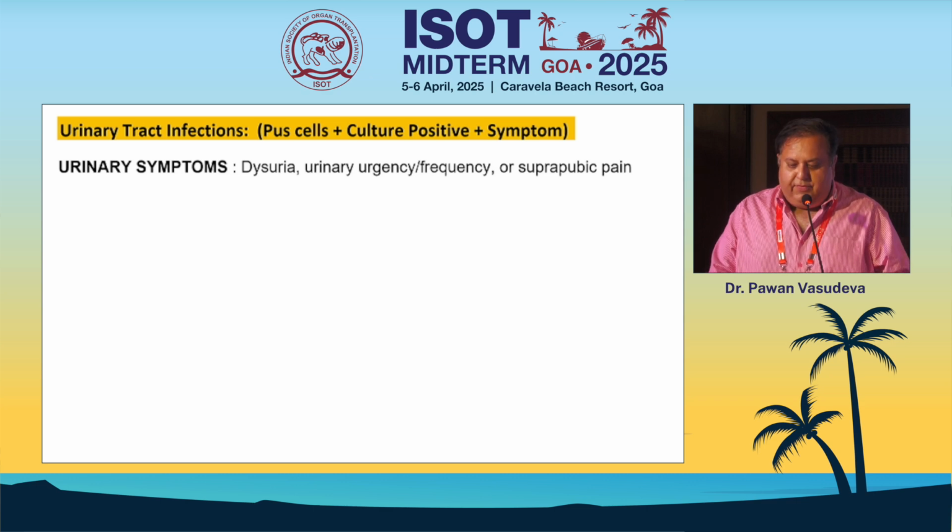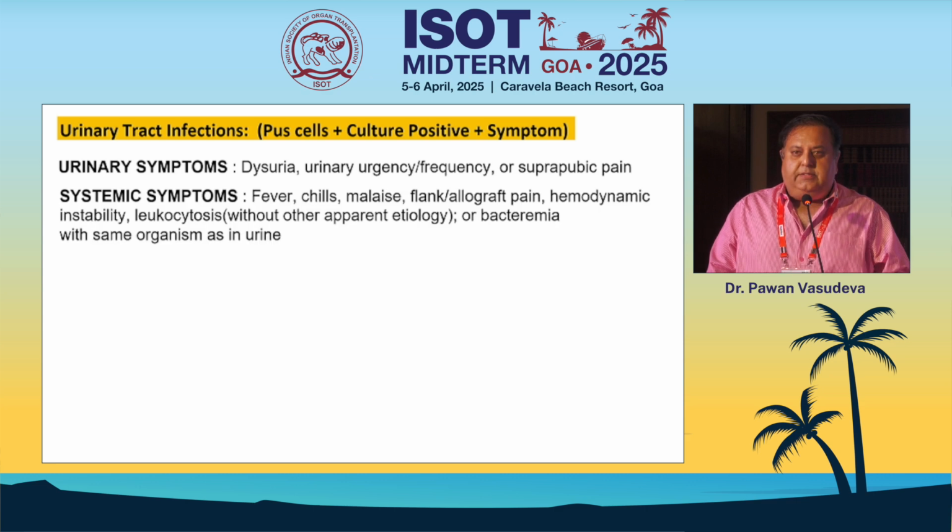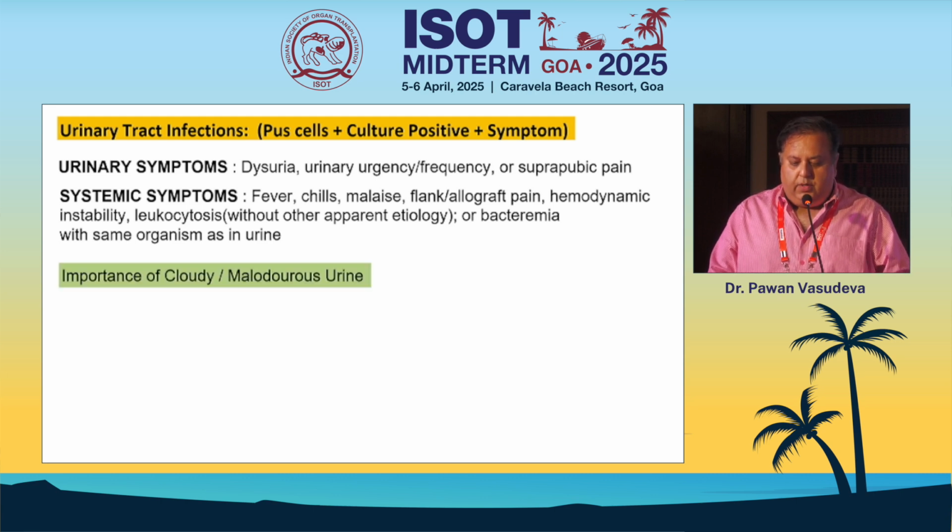Urinary symptoms, everybody is aware of. Dysuria is the central symptom, can have urgency, frequency, pain. Systemic symptoms: fever, chills, malaise, allograft pain, instability, leukocytosis, and if you get bacteremia with the same organism as in the urine. Now, sometimes the only symptom is cloudy or malodorous urine. Is this to be considered a urinary symptom or not?